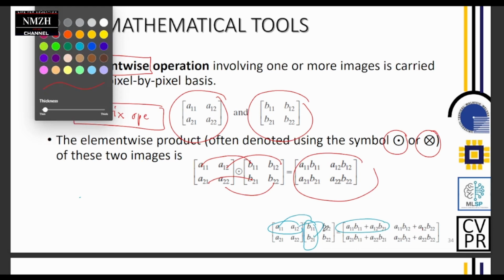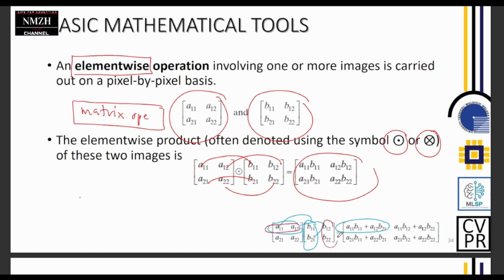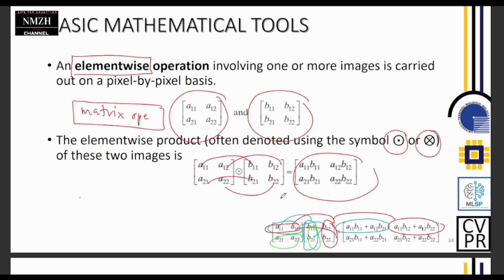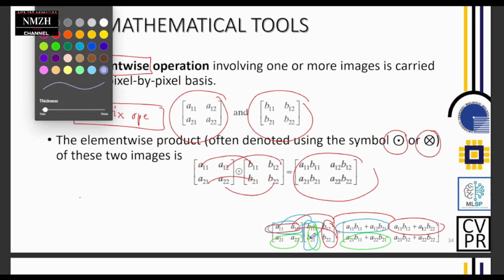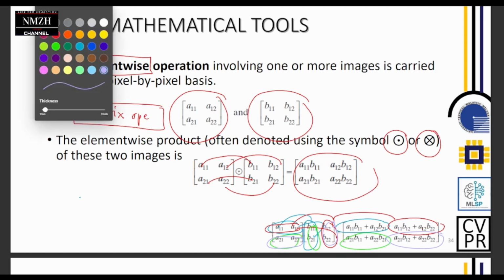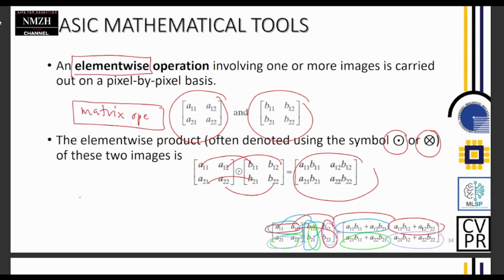Then again, the green example here has this, and we have purple over here. So that would be the difference between element-wise operation and matrix operation. Hopefully we can differentiate between these two. Most of the calculation here is element-wise operation.